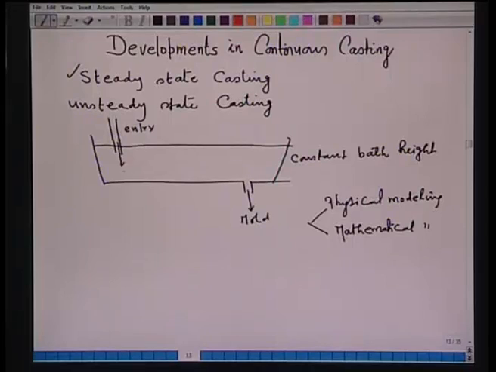That means a fraction of the entering stream directly goes to the outlet, whereas the rest moves and mixes here, and then ultimately leaves the tundish.